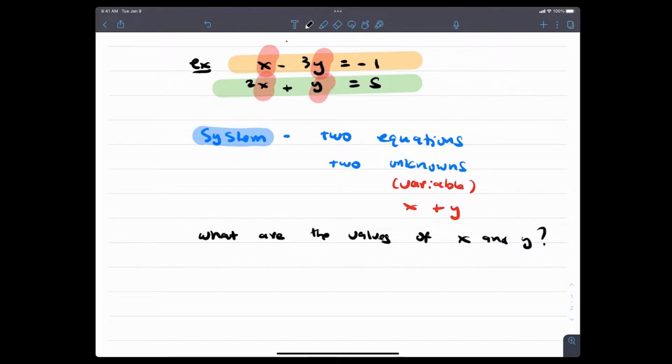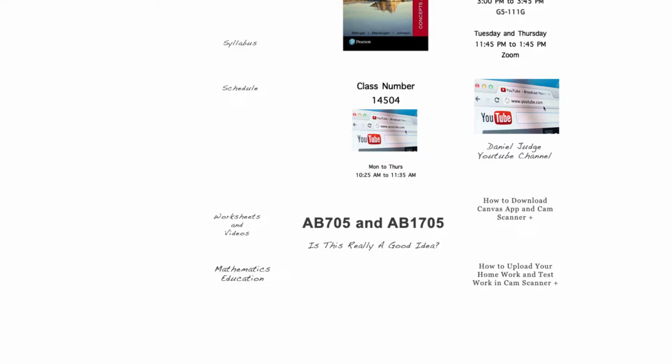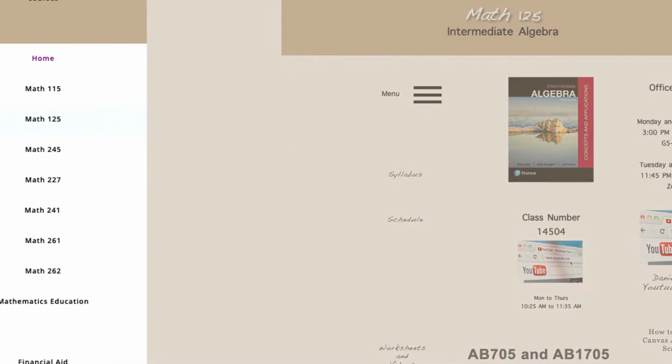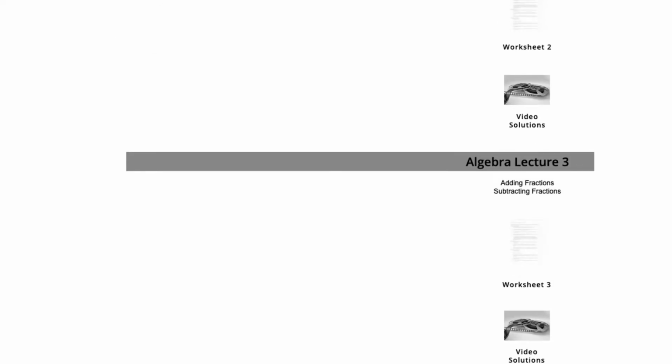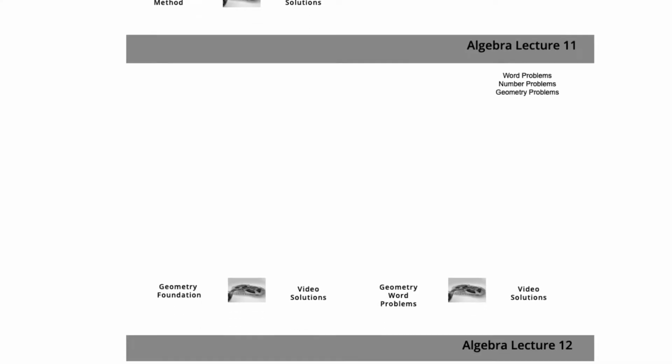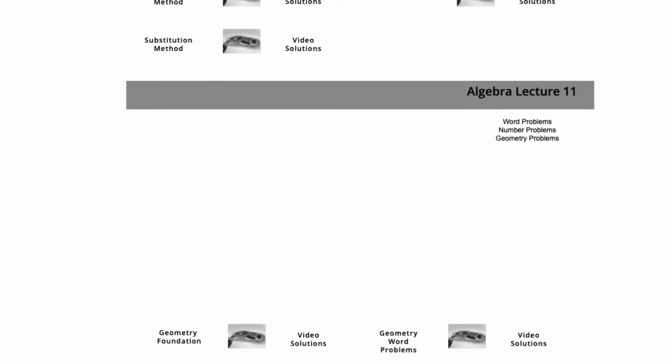Now, when we had courses like beginning algebra, I want you guys to note the beginning algebra course. So I'm going to go back here really quick to share with you guys from beginning algebra. That was Math 115. So back in beginning algebra, I had you cover the same topic, actually.